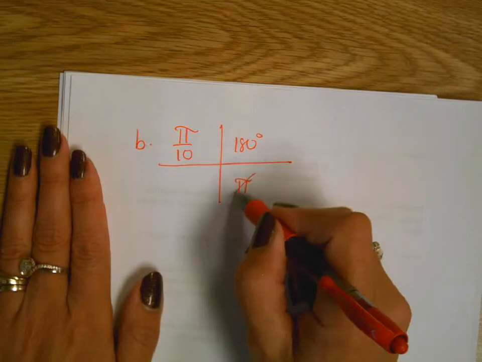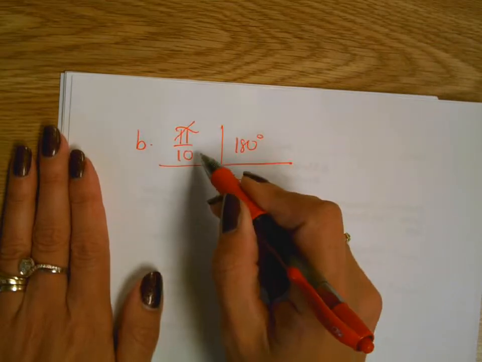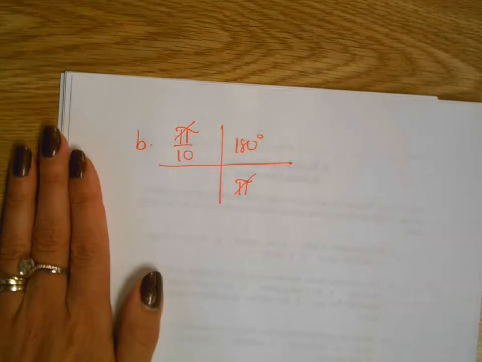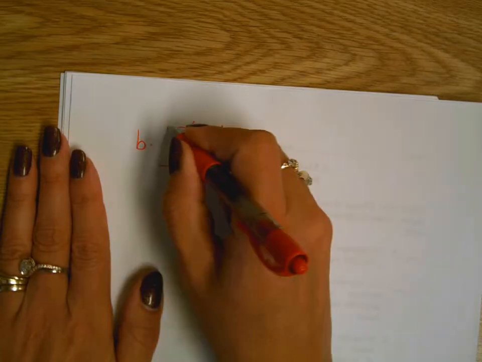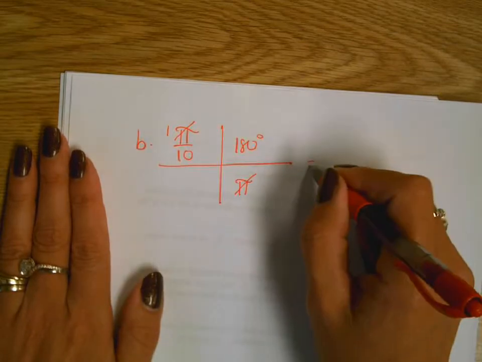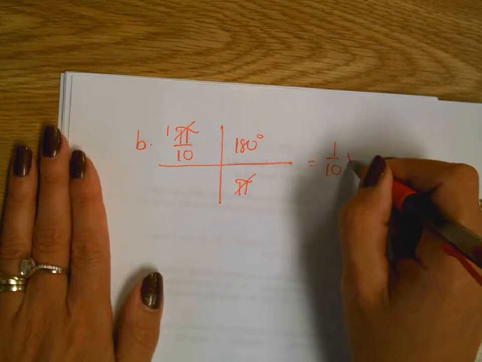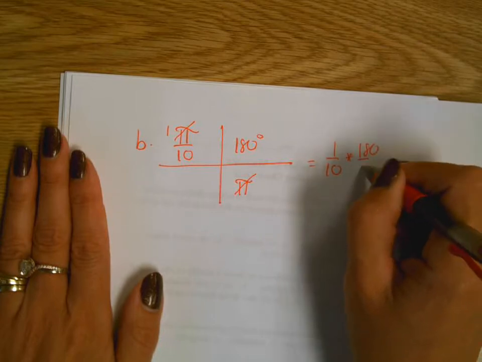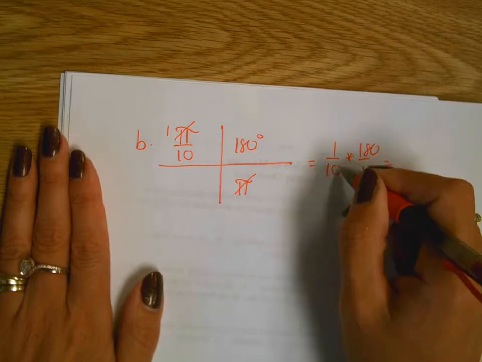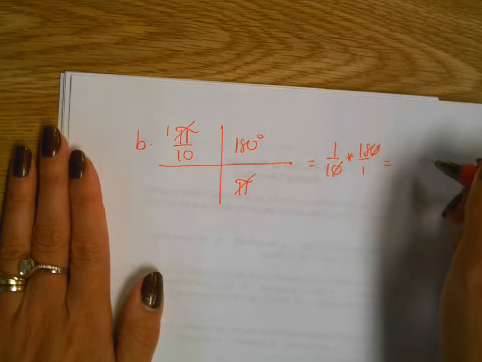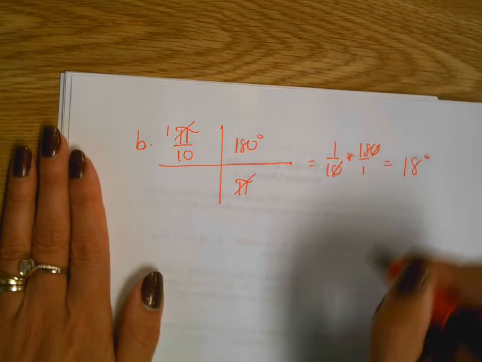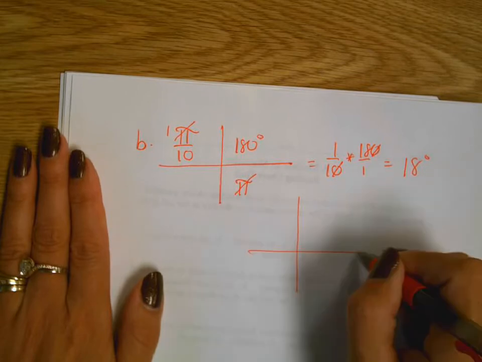So the pi's cancel. What's left in its place up here? 1/10. Don't make that 10. That is 1/10 times 180. What are we getting? 18 degrees. So a very small angle.